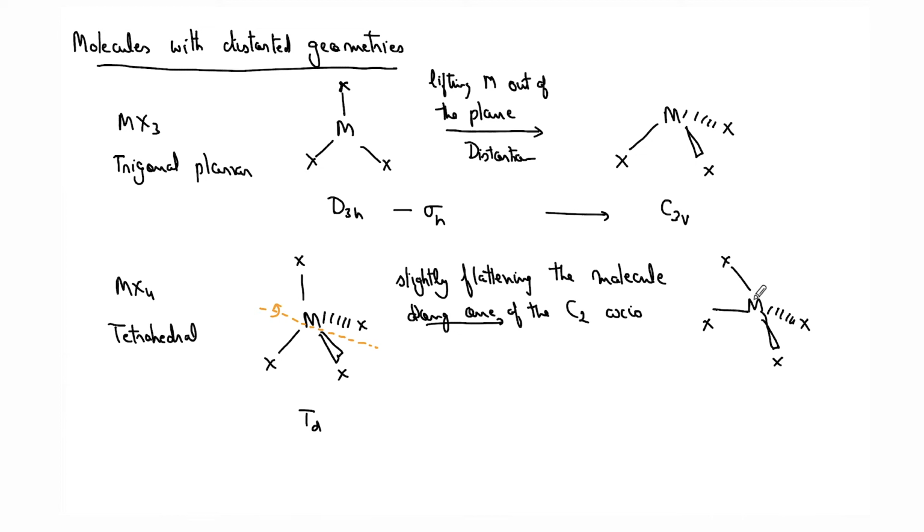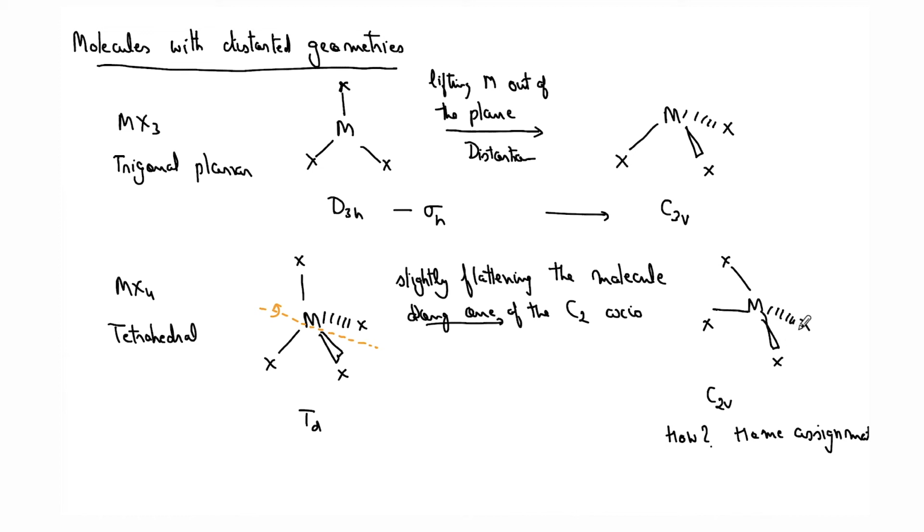So that would mean what will be my point group? Now my point group will be C2v. And how do I get C2v? Try to work it out yourself. Here I'm giving you the point group answer and I'm asking you to find out all the elements and see if this is correct or not, right?